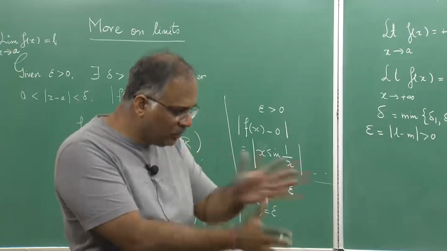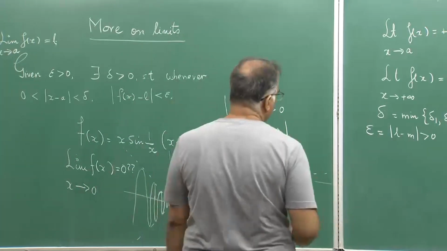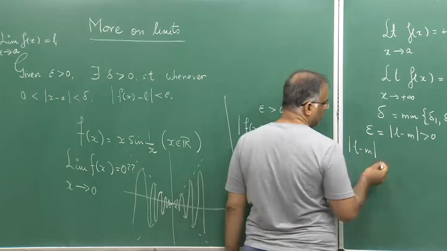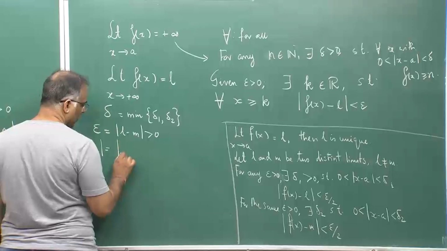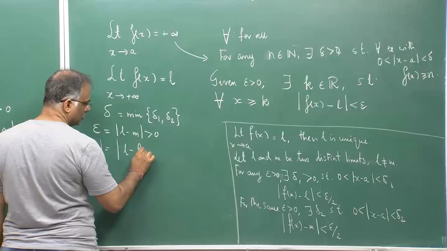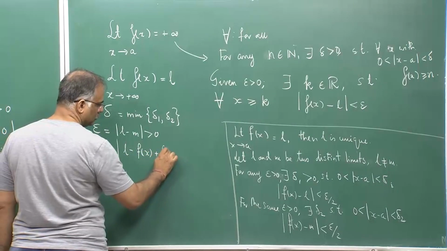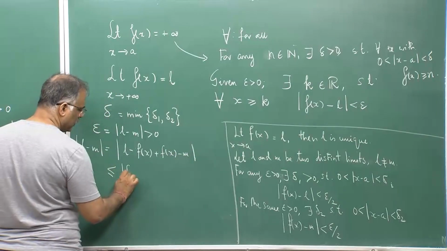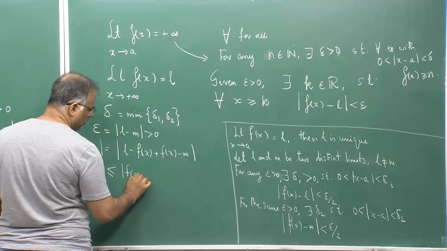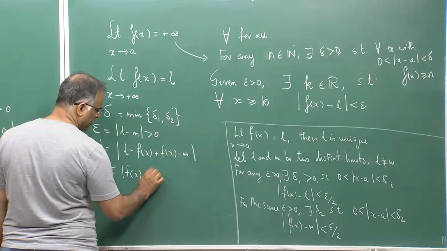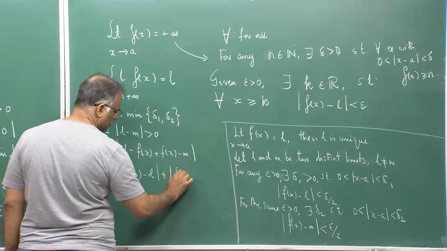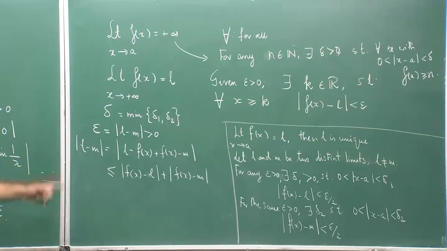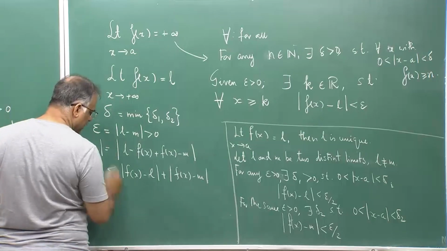So, again I take the minimum and it works for both. Now, what I would do is I will come to a contradiction in a very simple way. So, this I will write as |L minus M| less than or equal to |L minus f(x)| plus |f(x) minus M|, and this is a well known result that |A plus B| is at most |A| plus |B|. Now, here I have chosen particularly epsilon equal to |L minus M|.